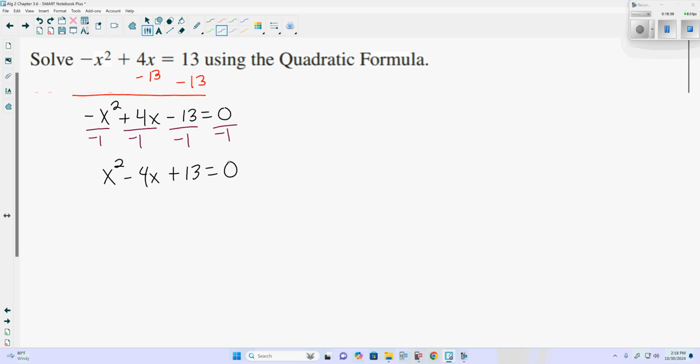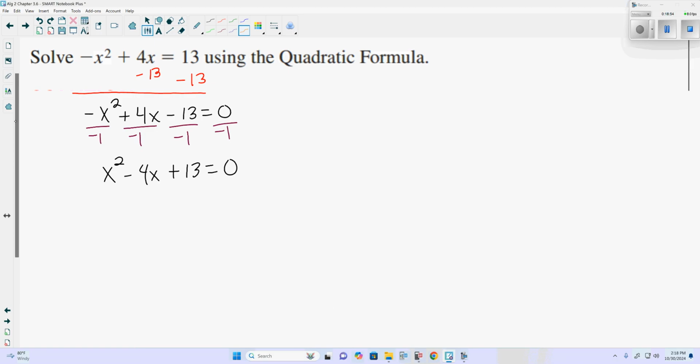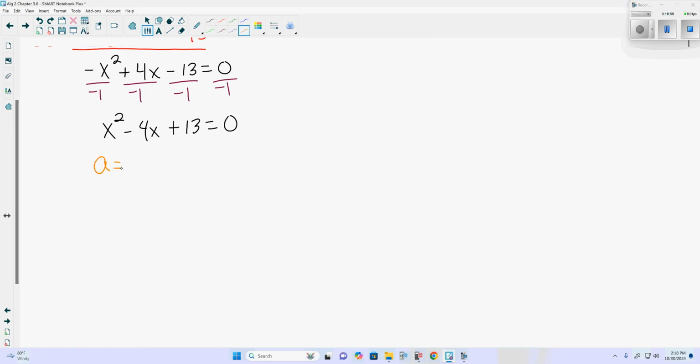Really all we're doing is taking the signs and switching them all the way through. Still gives us the same solutions, it just makes the numbers work nicer. Because now a is +1 instead of -1. Our value of b is -4 instead of +4, and c is +13 instead of -13.